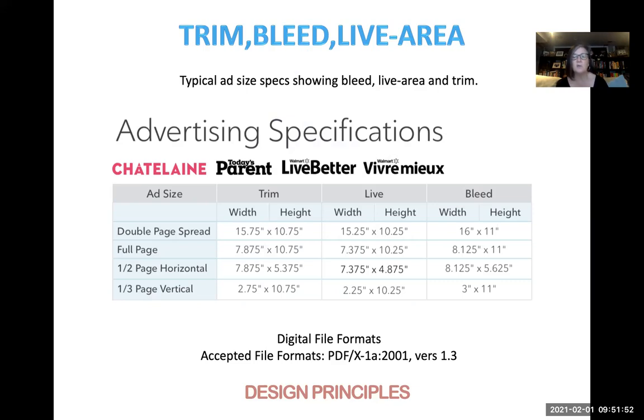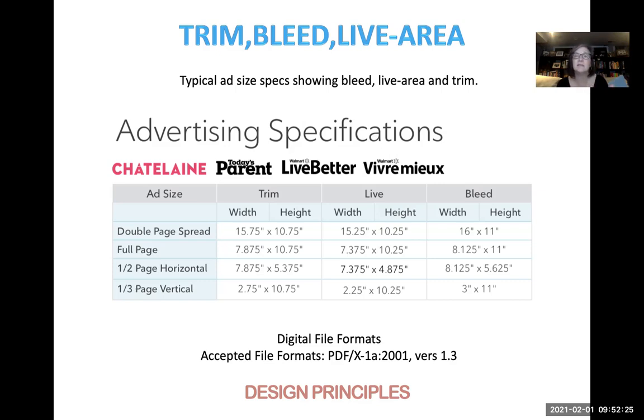All right, so this is an older one of Chatelaine magazine. So we have a full page here. See the size? There's no real standard size of magazines. So if someone says, "Oh, I just want a standard size," if you take all the magazines off the shelf, go to Indigo or Chapters, take some magazines off the shelf and try to get them to stack all exactly the same, they won't, because they're all kind of different sizes.